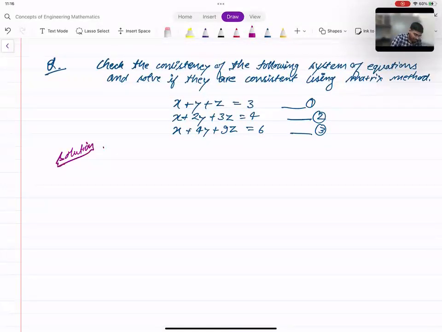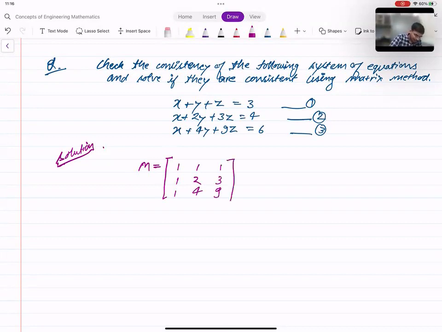Firstly, the coefficient matrix M is given as 1 1 1, then 1 2 4, then the coefficients of z are 1 3 9. Variable matrix is x y z, and then we have the matrix of constants, which is 3 4 and 6.